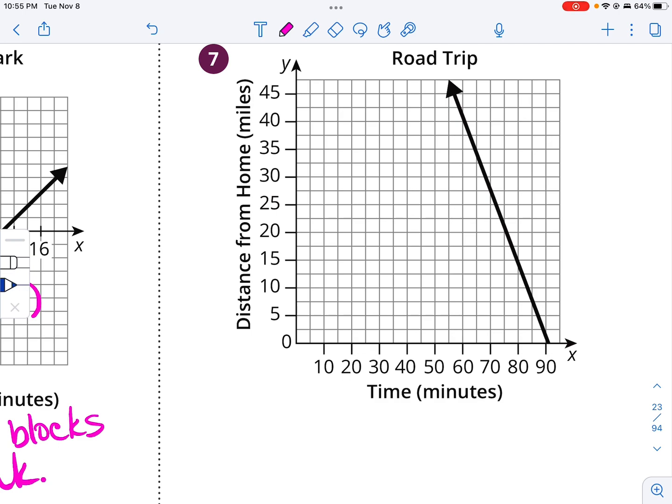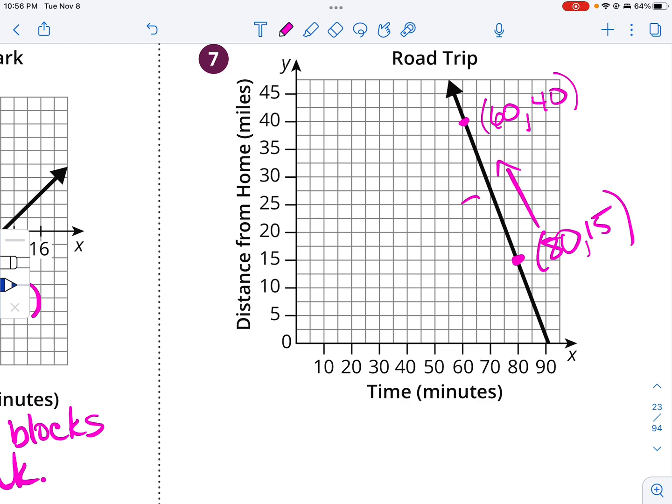So if this right here is the point (60, 40) and this was at 85, oh, I don't want to do that one because that's going to give me a decimal. Let's see. This one? That's at (80, 15).